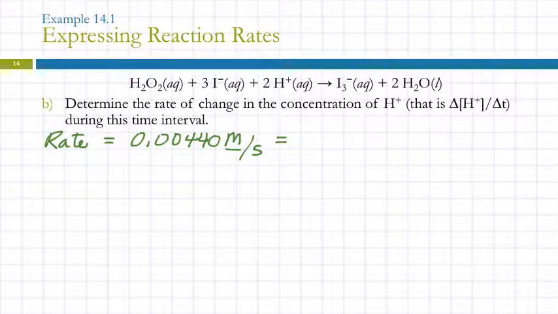Do we need a negative sign? Yeah, because this is a reactant. Its concentration is going down. So we need a negative. Do we need a fraction? Yeah, 1 over 2. And then the change in hydrogen ion concentration divided by the change in time.